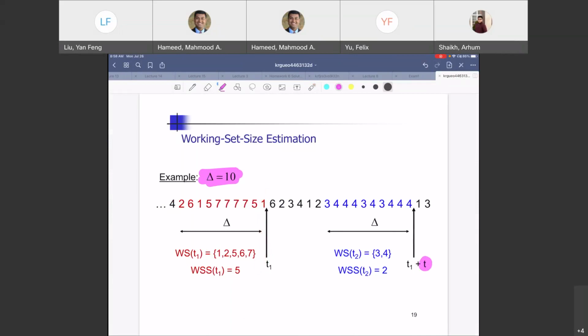What happens when you make t very small or very big? When you make this working set size estimation, suppose t, small t, is very small. If it's too small, then you're overlapping on the basis of temporal locality, right? The localities are overlapping. It's not a very useful way to estimate the number of frames.